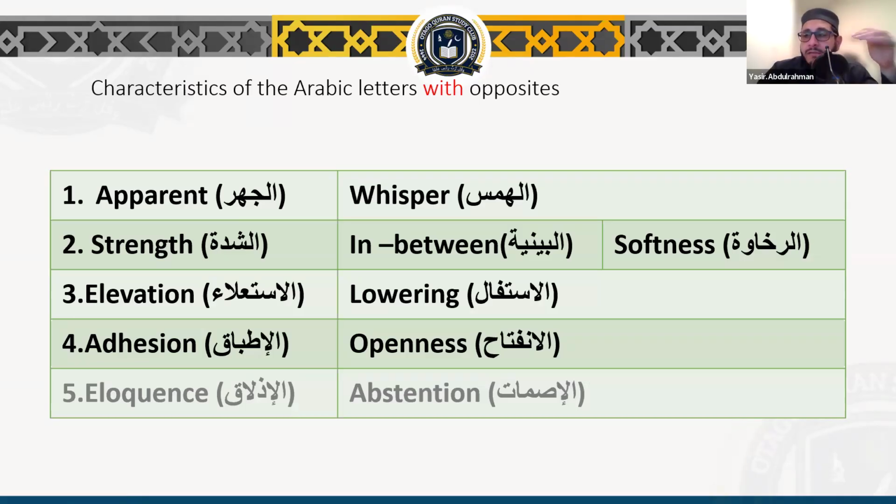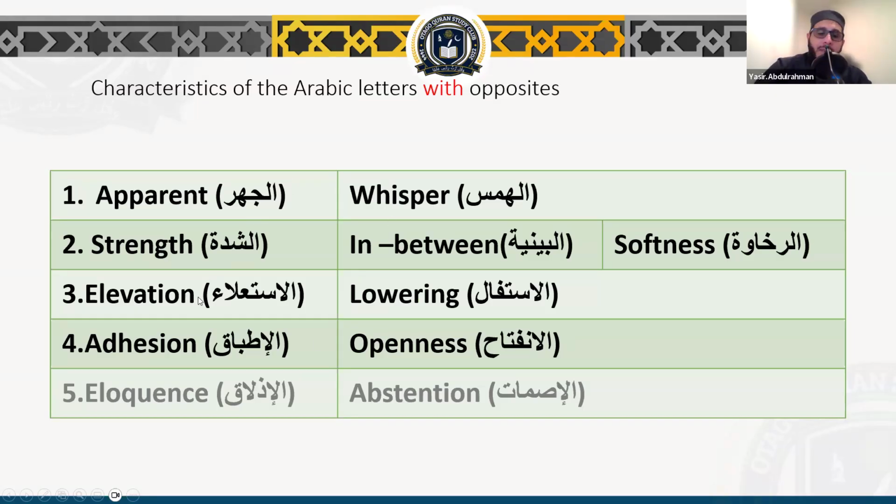However, the 5th one doesn't have any implications on the tajweed. It's more like a linguistic characteristic. These are in total 9, because the second one has 2 types of contraries. So each one has 2, 2, 2, and then the second one has 3. So the total is 9 characteristics.